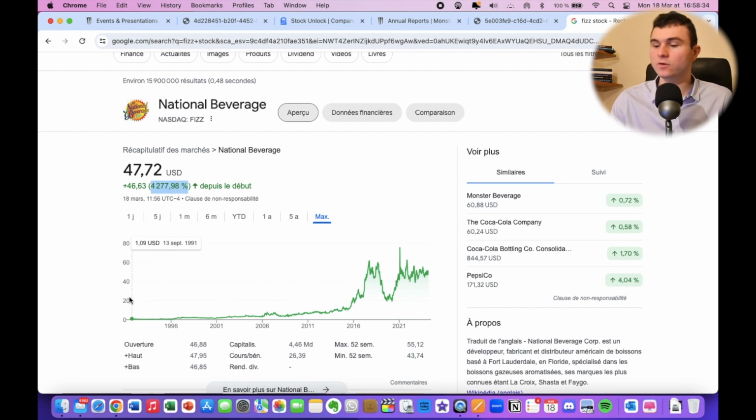So if you had invested $1,000 in this company 30 years ago, you would have 40x your investment. And their market cap is only 4 billion, 5 billion. That means that they can grow 10 times bigger, to a 40 billion market cap, which is still lower than Monster Beverage. So it could be a good competitor, and it could be the future Monster Beverage.